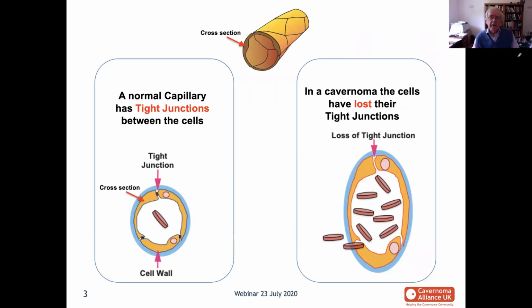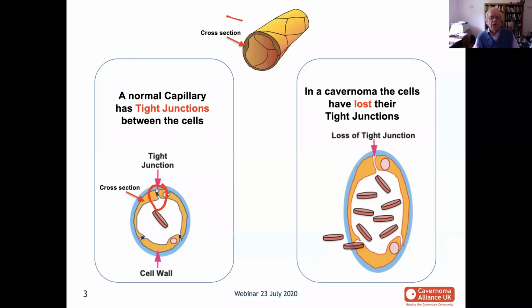So here's the blood capillary in cross-section at the top here. And a normal blood capillary, that is one that doesn't form cavernoma, has, and this is another cross-section of a blood capillary down here, what are called tight junctions between the cells. And that's indicated by this little black thing here.